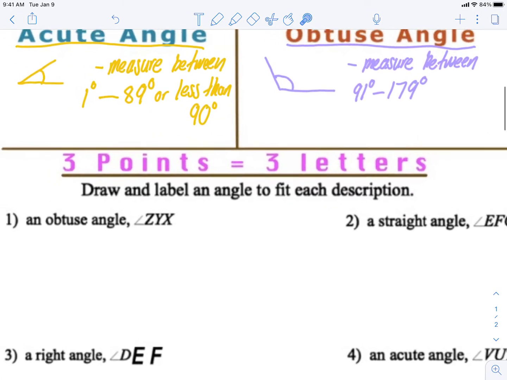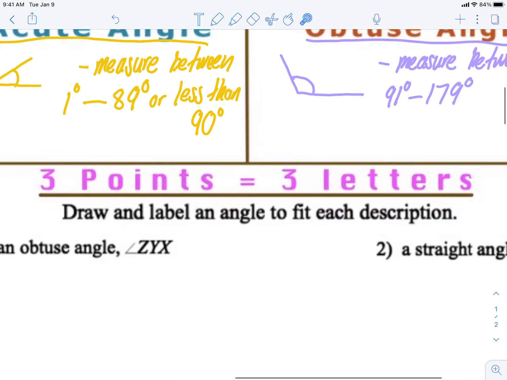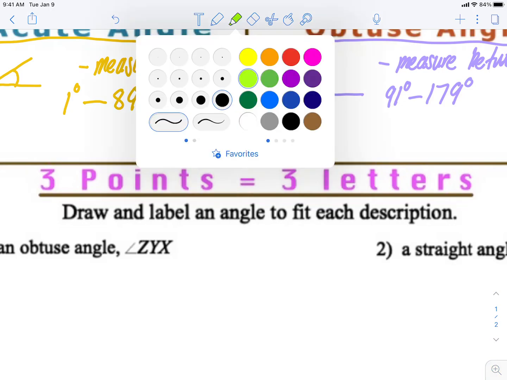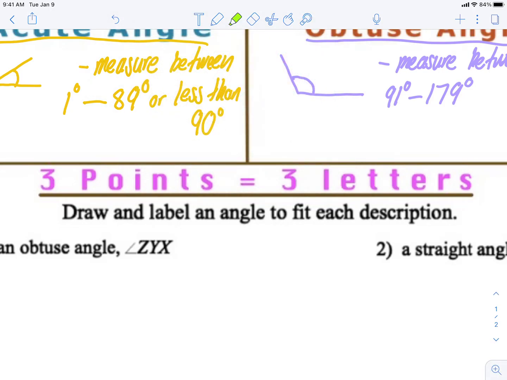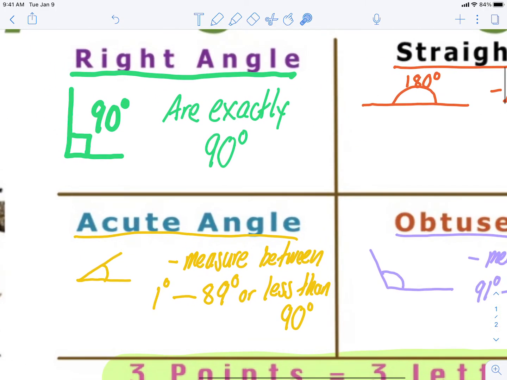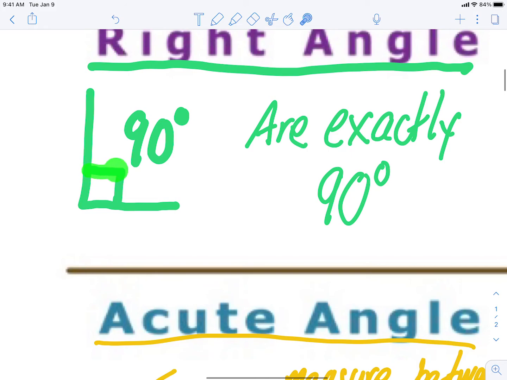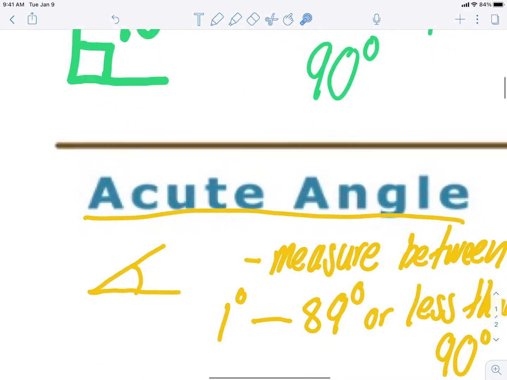Now, down here, if you notice in pink, it says 3 points equals 3 letters. Now, this is what's important. Angles, guys, is what's in the middle.